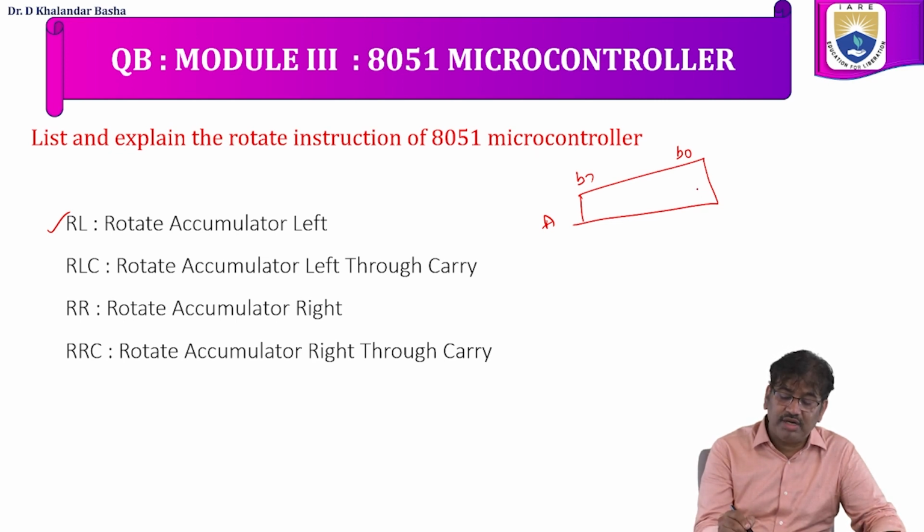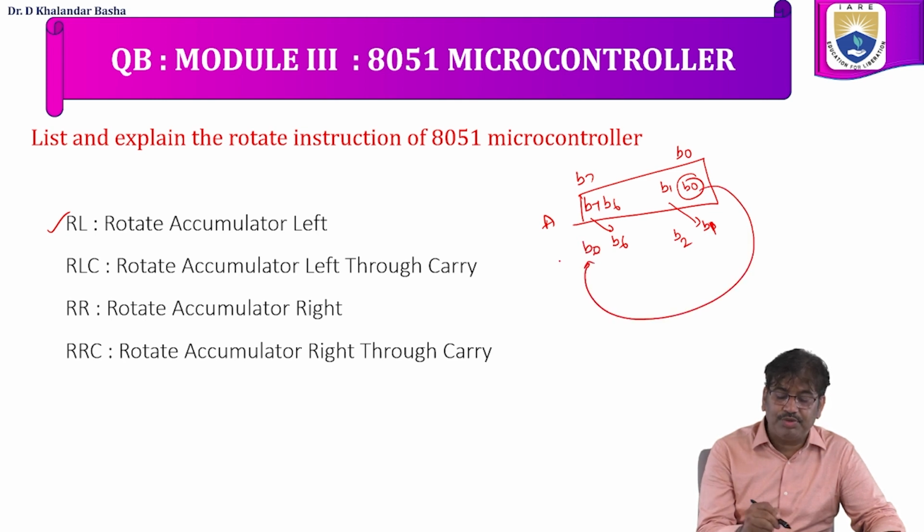So when rotated, B1 will sit in the B0 position, B2 will sit in the B1 position, and B7 will sit in the B6 position. So what about the LSB? This B0 bit will be moved into the MSB position.